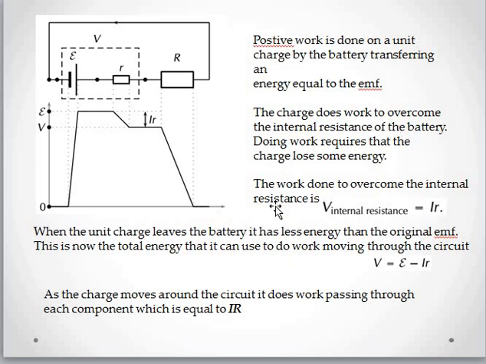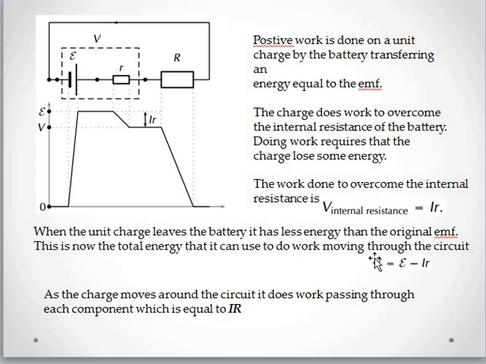Okay, and then when it exits the battery, internally the work done there is Ir, as I said, current times the small r. And then when the unit charge leaves the battery, it has less energy than the original EMF. This is now the total energy that it can use to do work against the external resistance.